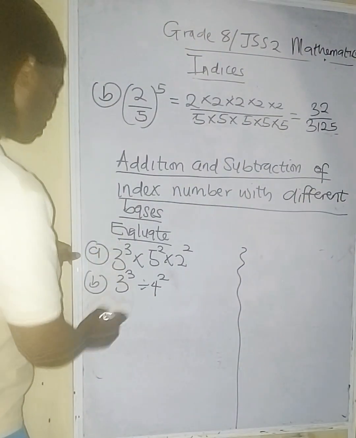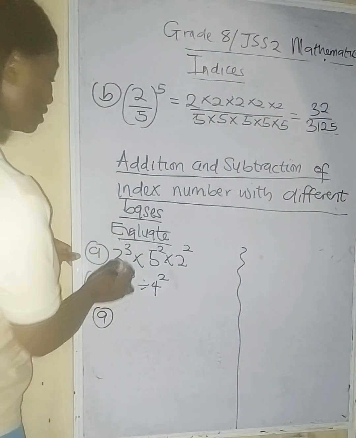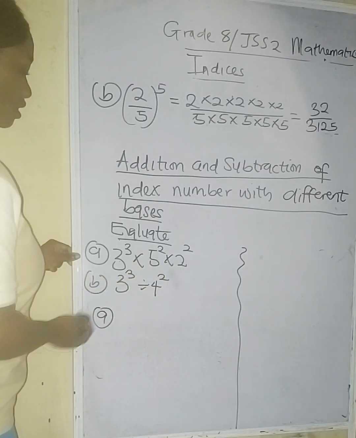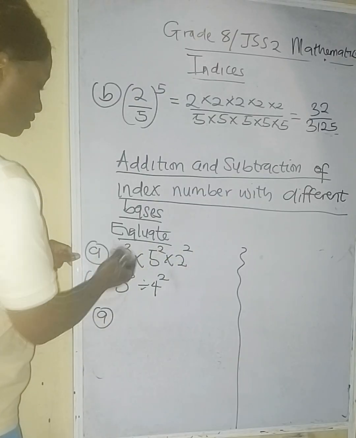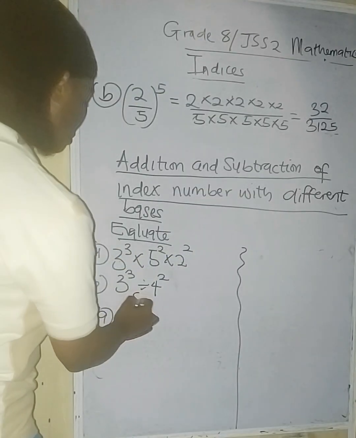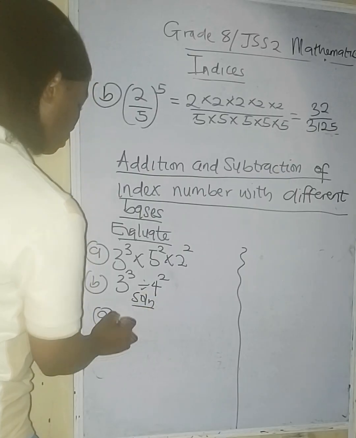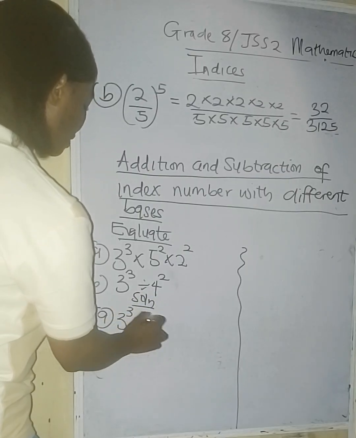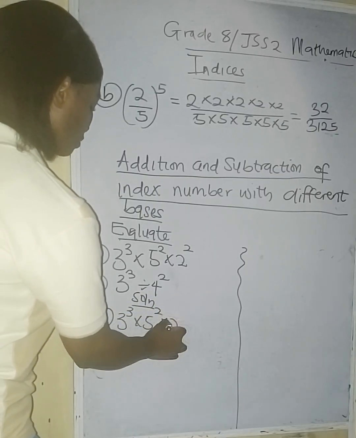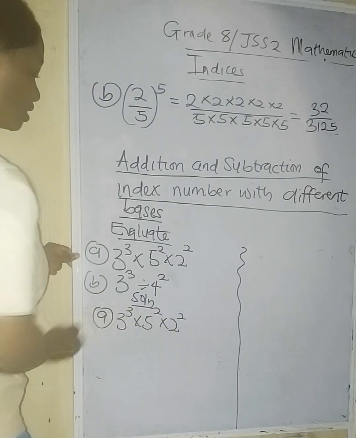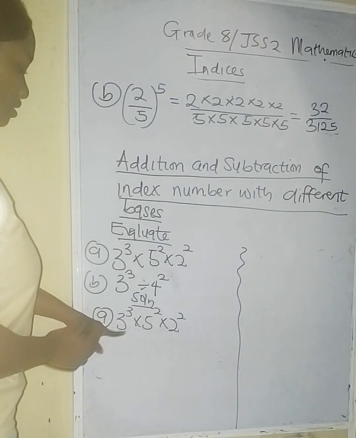So now to calculate this, if you observe, they all have different bases and different powers. So now let's calculate it. So that will be 3 raised to power 3 times 5 raised to power 2 times 2 raised to power 2. This power tells us the number of times that this base is going to be counted.